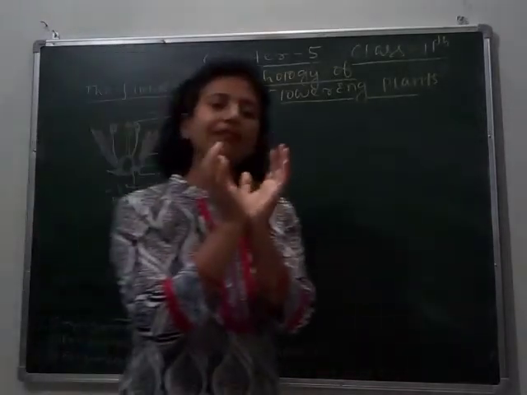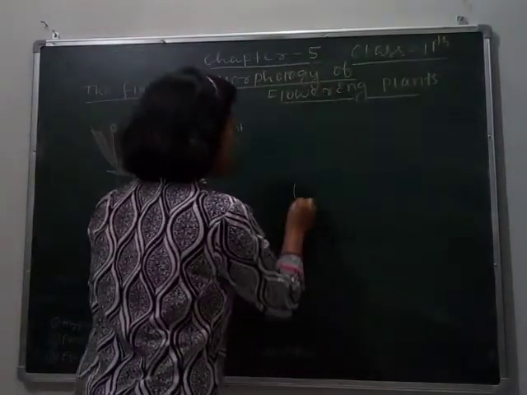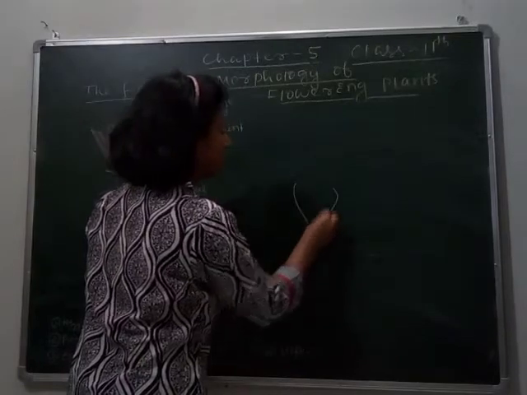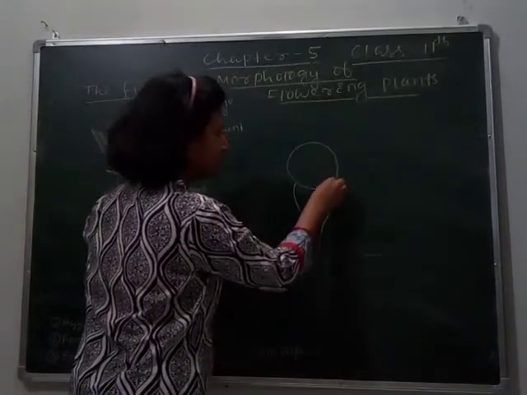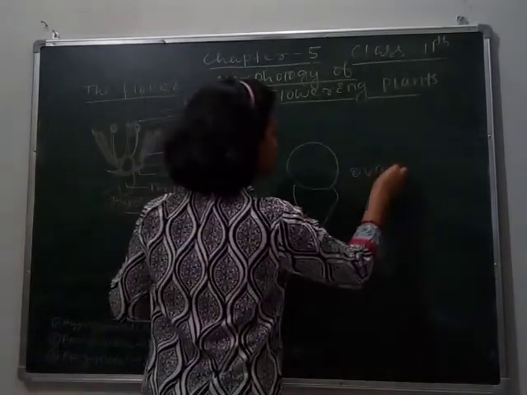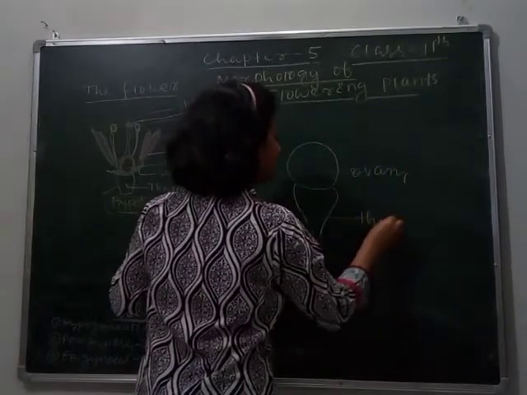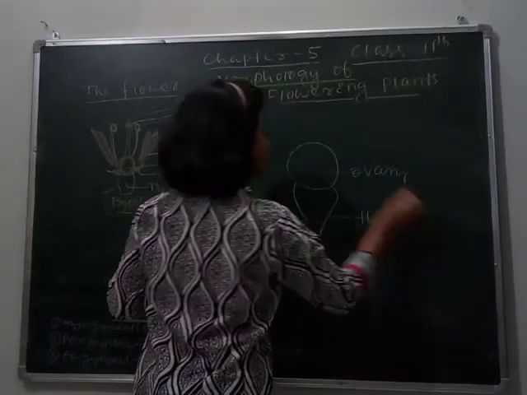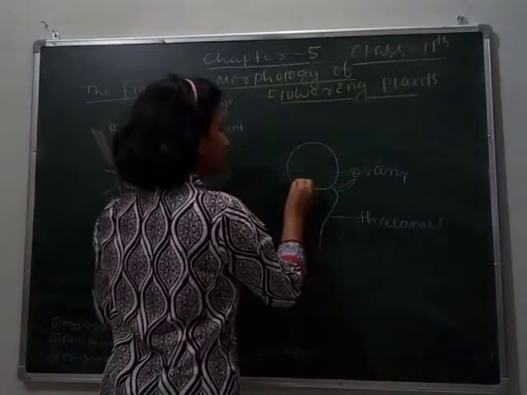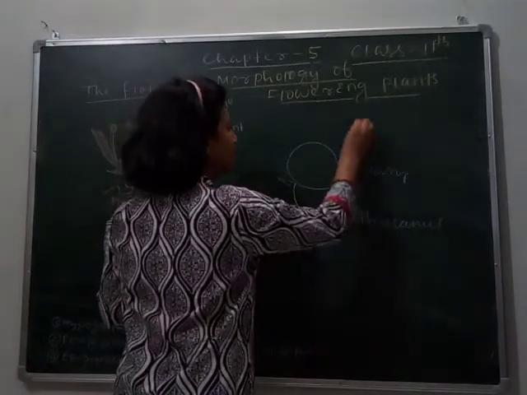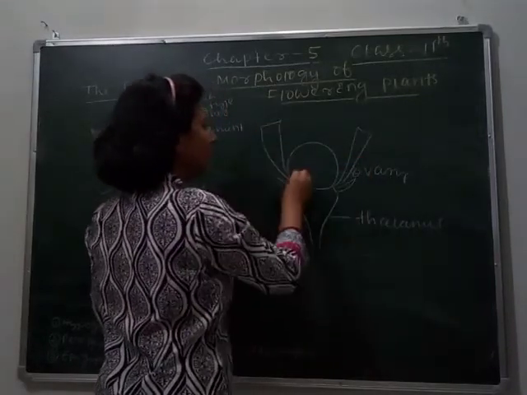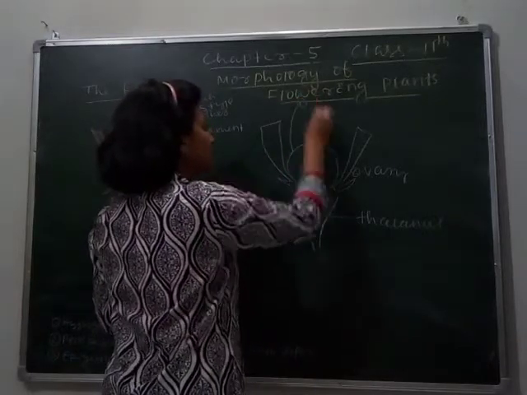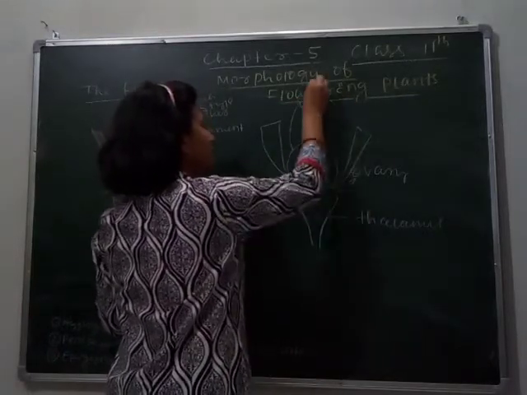Thalamus is the part which holds the ovary. This part is thalamus and this part is ovary. I suppose this is calyx, this part is petal, this part is androecium and this part is gynoecium.